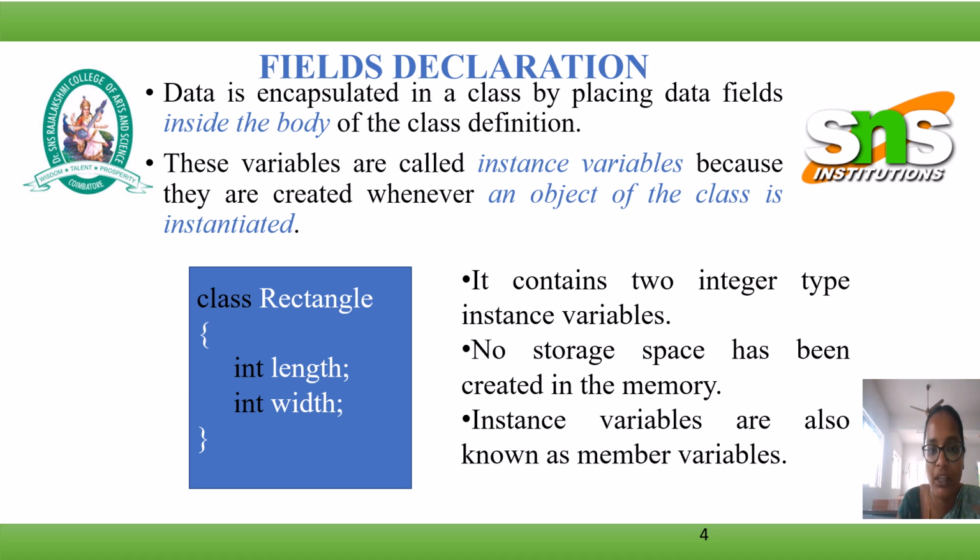For example, here I have created a rectangle class. Inside that rectangle class, I have created two fields, length and width. These two fields have the data type integer, so they only get integer values.